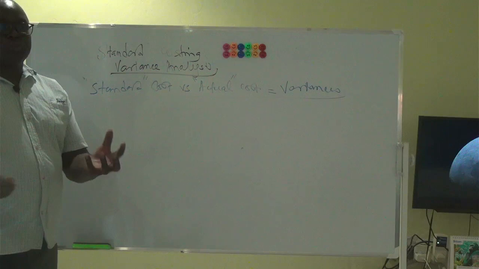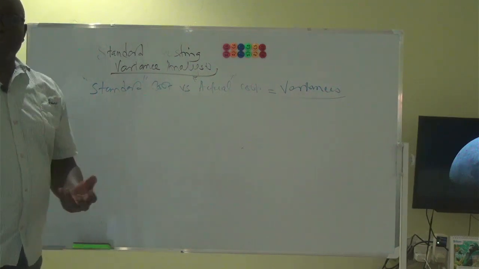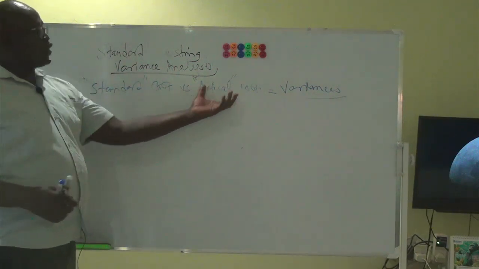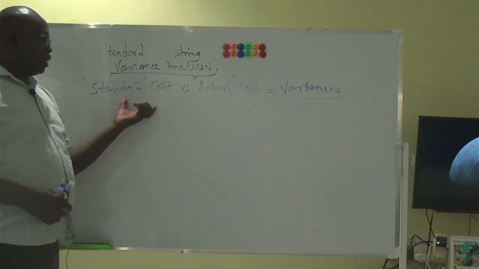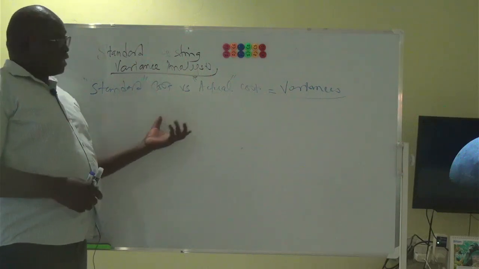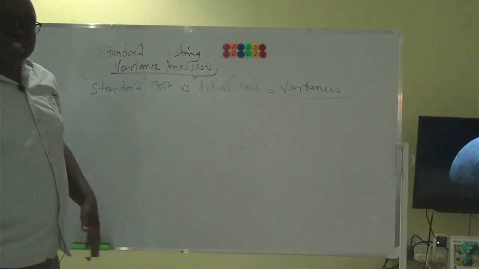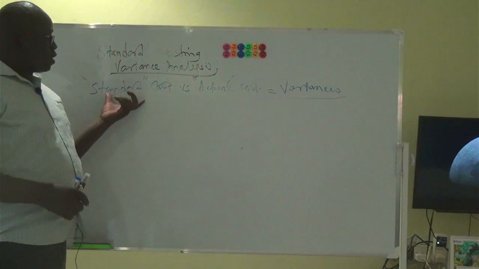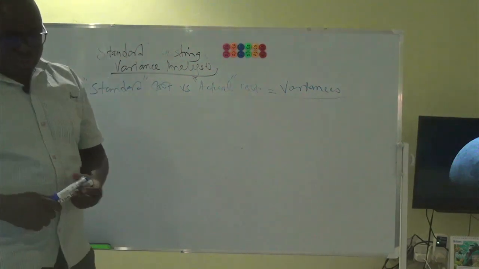There's a ratio of 1 part of rice to 2 parts of water. That is the standard. But there's the actual, where people, instead of 1 part of rice to 2 parts of water, do probably 1 part of rice to 2.5 parts. I don't know whether that gives you a stewy rice or a normal rice. So we compare the standards against the actual, and that yields the variance.